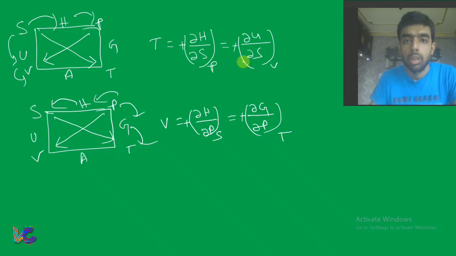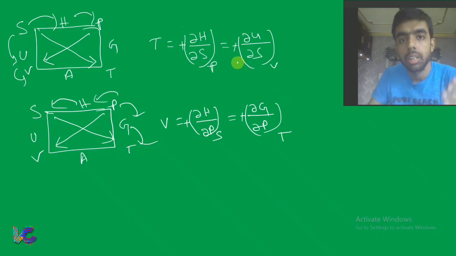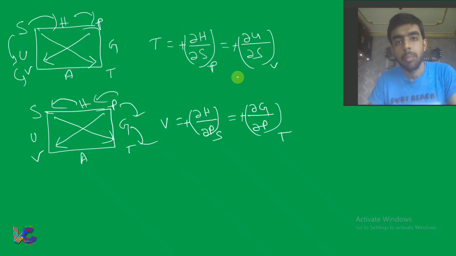So you can remember like this: when the denominators are the same, the sign will be determined by the denominator. But in the second application you have seen the denominators are different. In that case the sign will be determined by the numerator.